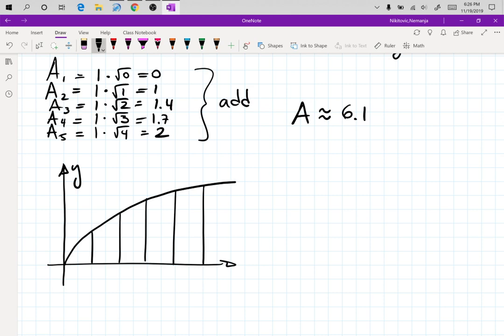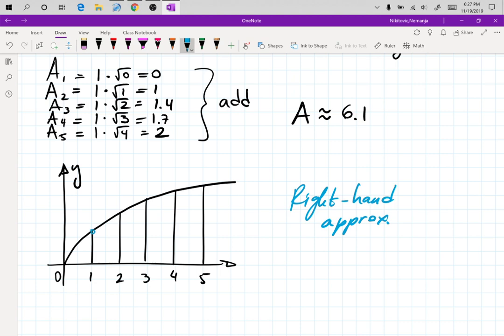And now we are going to use right-hand approximation, meaning that my values from before, 0, 1, 2, 3, 4, 5, are going to use for each rectangle the right point. So now we're going to draw rectangles to the right. Gotta extend from right, go left, down, from right, go left, down, from right, go left, down.